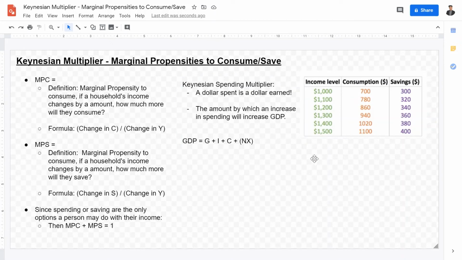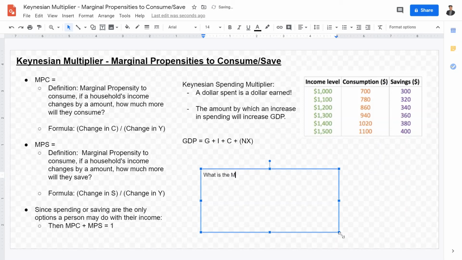So let's look at this example right here. Let's calculate the MPS, the marginal propensity to save. The marginal propensity to save is the change in savings divided by the change in income. The change in savings is 320 minus 300, which is 20. The change in income is 1,100 minus 1,000, which gives us 100.